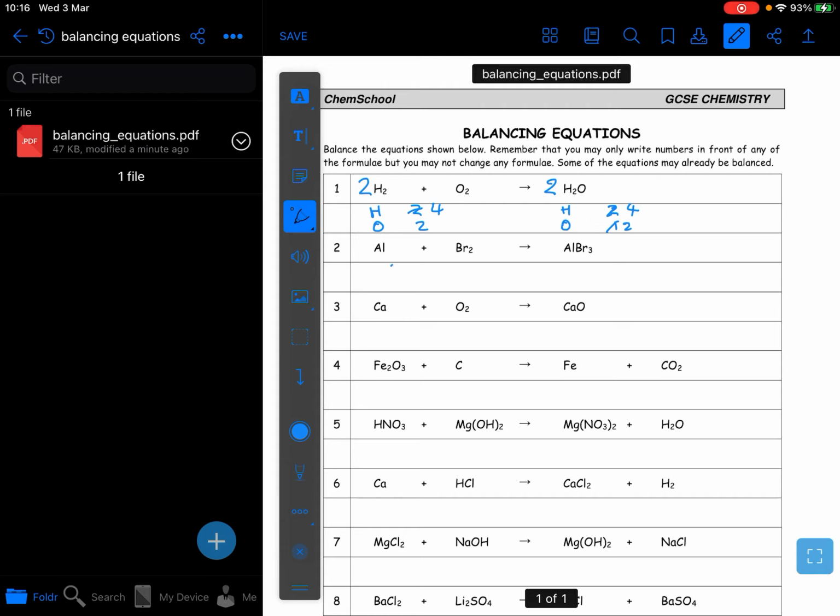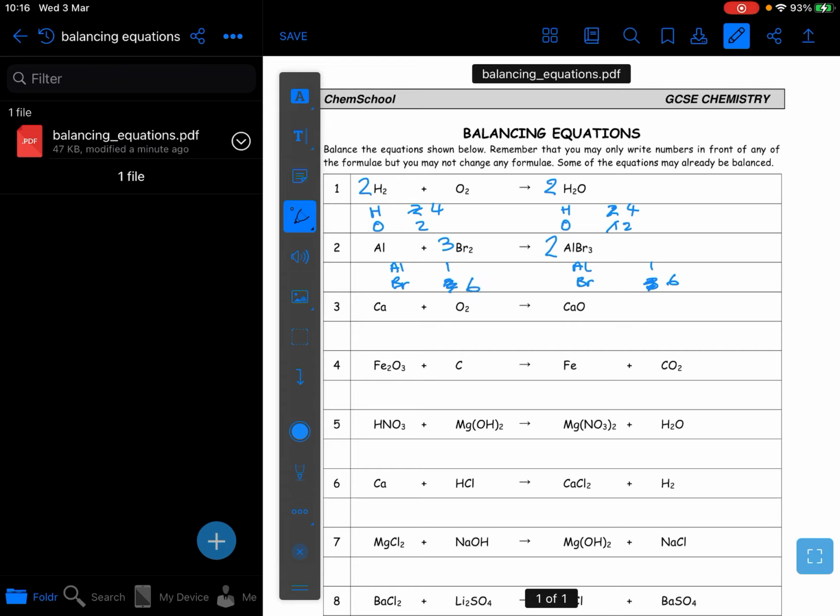Okay, so next one, we've got aluminium and bromine. On the left hand side we've got 1 and 2, on the right hand side we've got 1 and 3. Now, if you end up with a 2 and a 3 that you're trying to make the same, the easiest thing to do is times the one that's got 3 in by 2, therefore turning it into 6, and turn the one that's got 2 in by 3, therefore also turning it into 6, because they both go into 6.